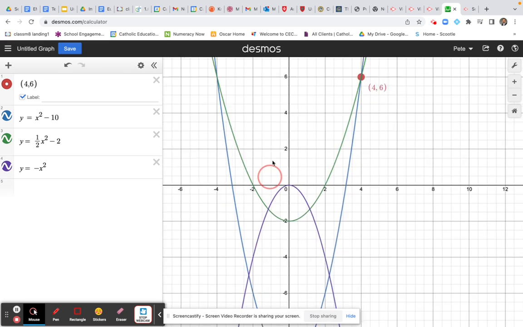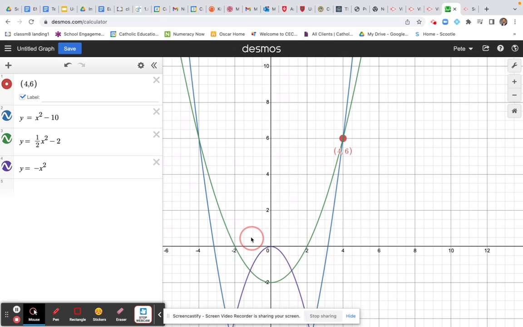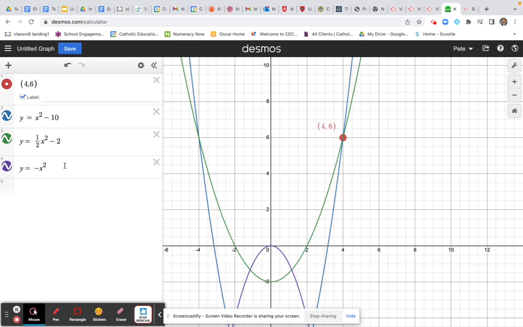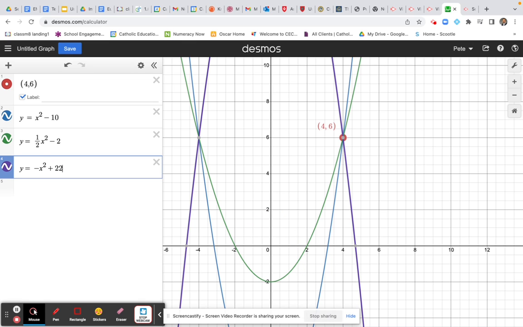And again, we're off the page. It's upside down because it's that minus x squared, remember? So 4 squared is 16, minus 16. So what do we have to add? I think we're going to have to add 20. What would it be? 22. There you go. We're through it again.